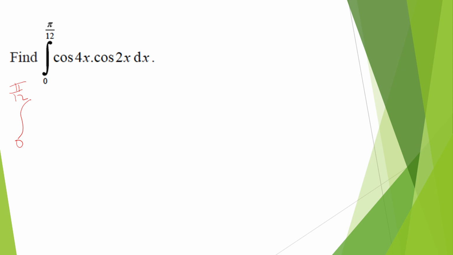Just looking into the formula sheet. So I've got cosine, that means is the third one. 2 cosine A, cosine B equal cosine A plus B plus cosine A minus B. So I only have cosine and cosine, so I don't have the 2 at the front. So therefore, I must add the half.